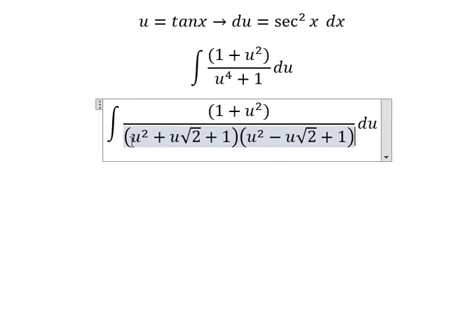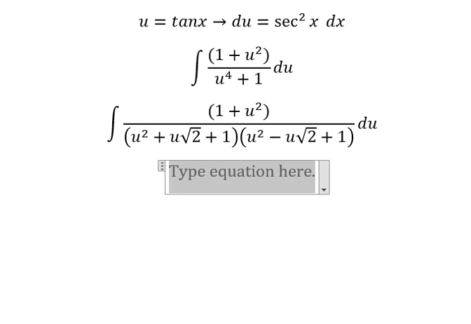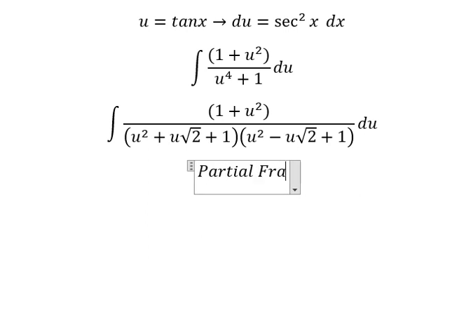This is the special factorization of u to the power of 4 plus 1. The next one we need to use partial fractions. So I will put like this.